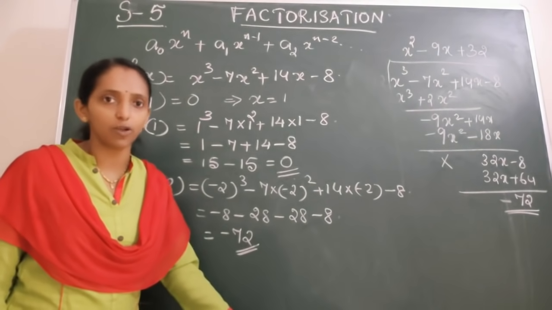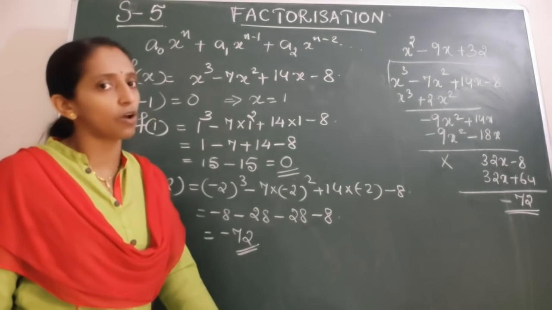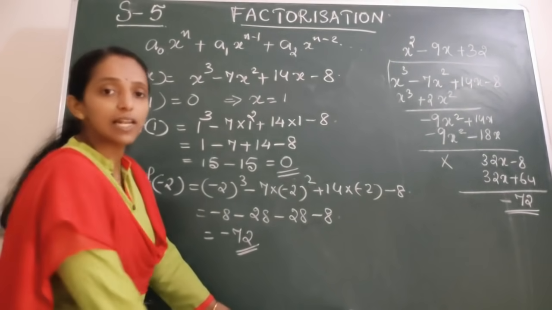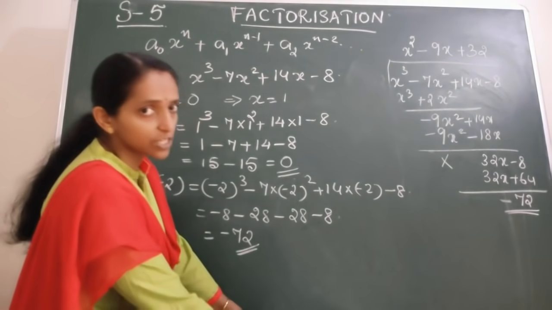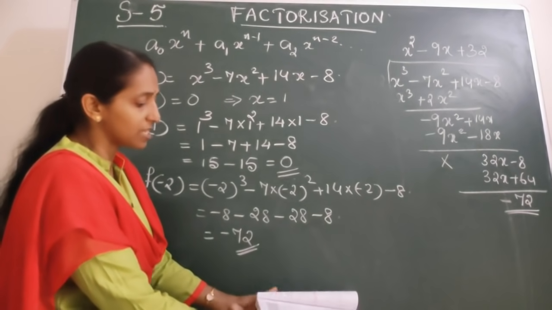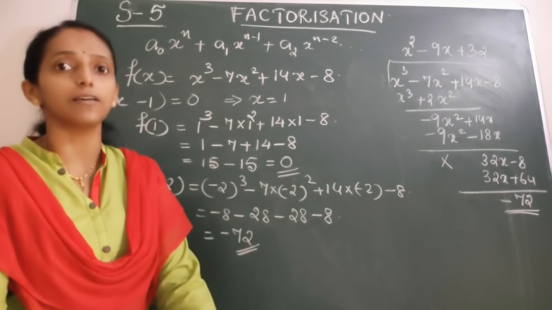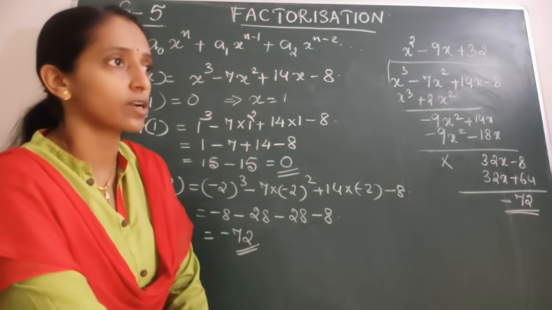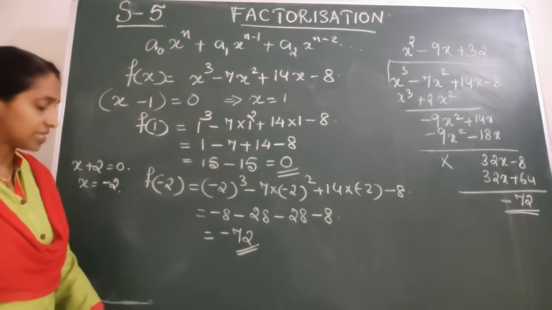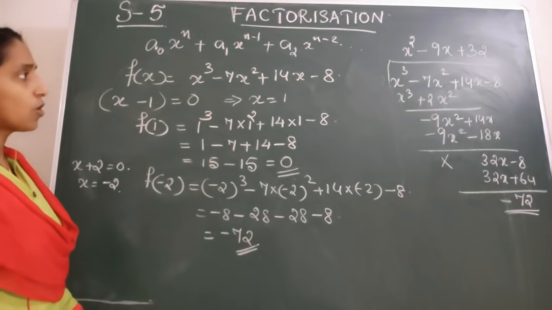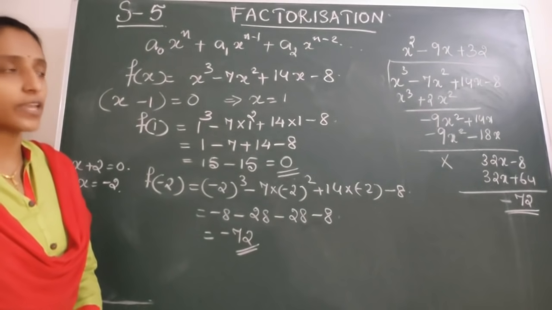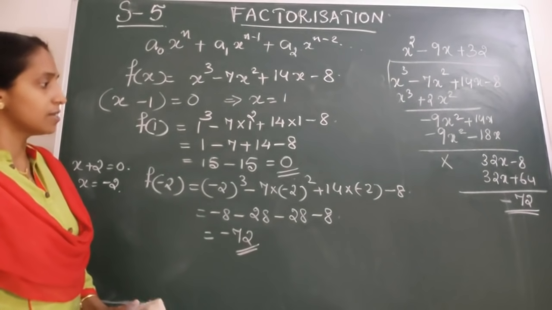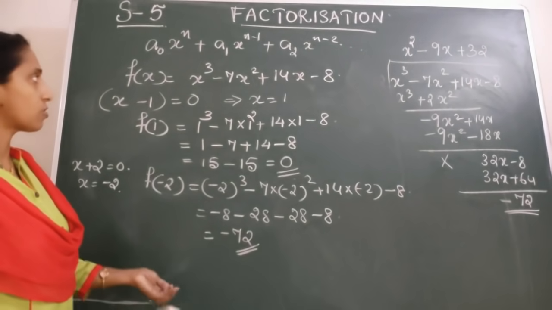Now we are going to see the applications of the factor theorem as well as the remainder theorem. Applications means we have to find the value of some constants, if it leaves some remainder or if it is a factor. How can you find the actual value of k or something?